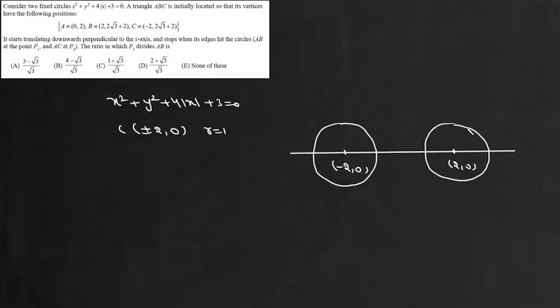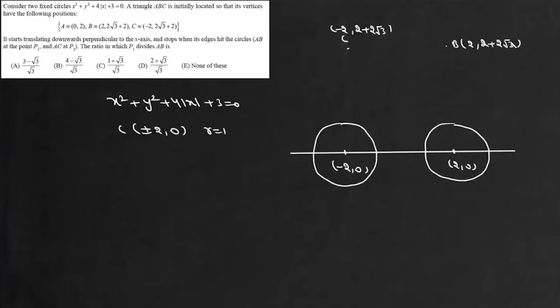Now it says a triangle ABC is initially located so that its vertices have the following positions. Now C is at this point, minus 2 comma 2 plus 2 root 3, and this B, it is at 2 comma 2 plus 2 root 3.